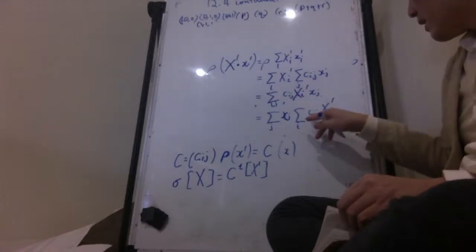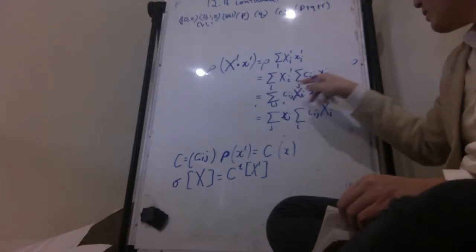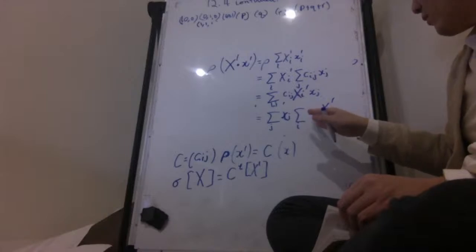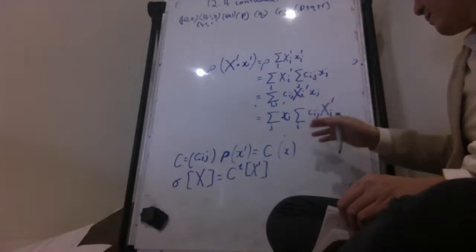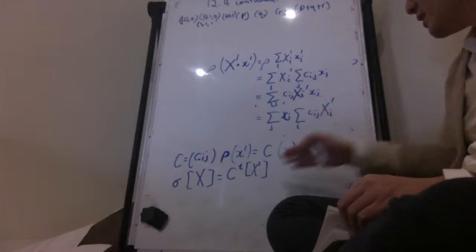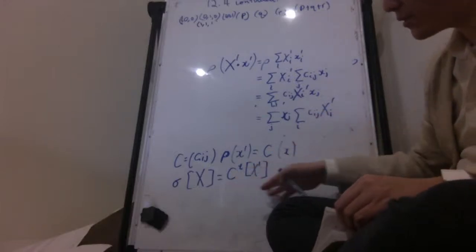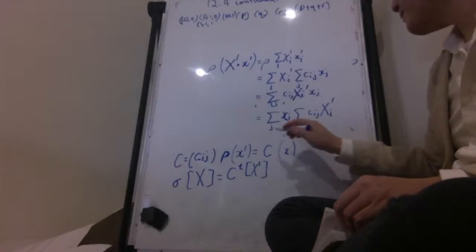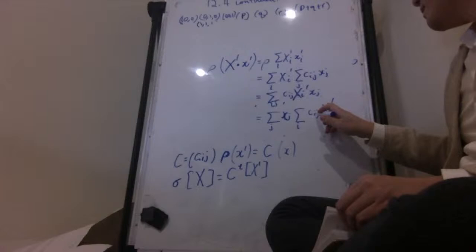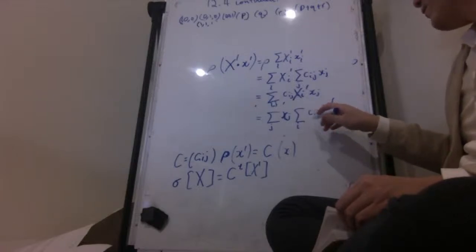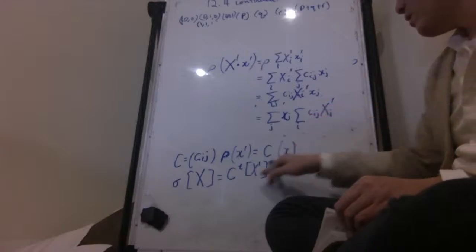So now the I, before it was the J that was changing, right? Now it's the I, and the I is the row. So this is along the column of C, right? But along the column of C is the same as along the row of the transposed C. So this is the same as the first row of this.